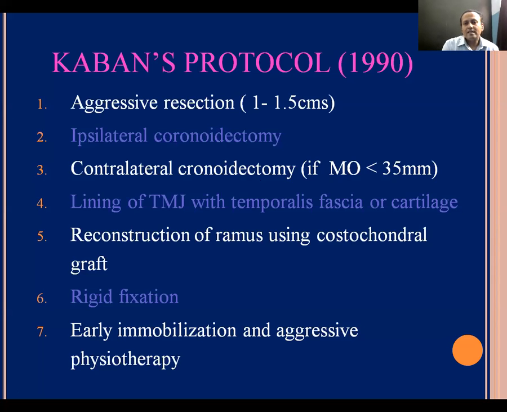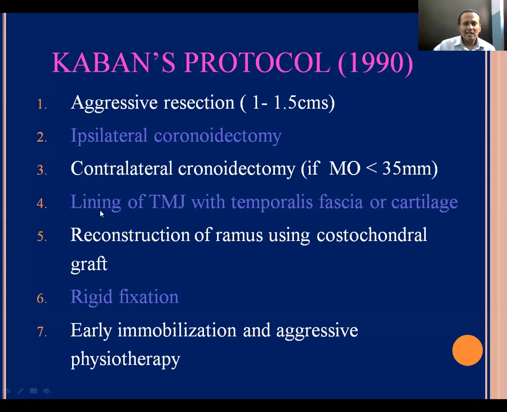If the mouth opening is less than 35 mm even after aggressive resection and ipsilateral coronoidectomy, then we go ahead with removal of the opposite side coronoid. That is contralateral coronoidectomy. So this is the third step of Kaban's protocol.